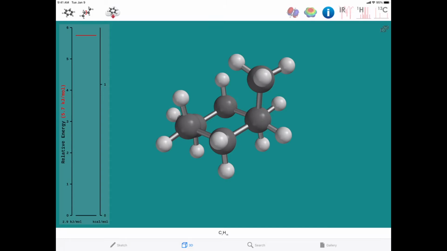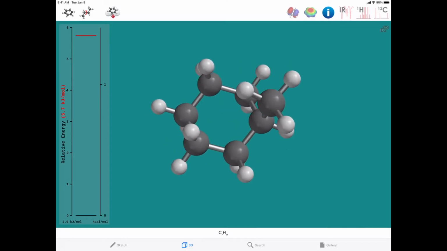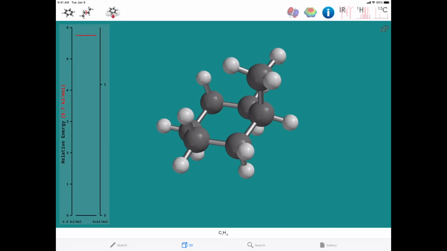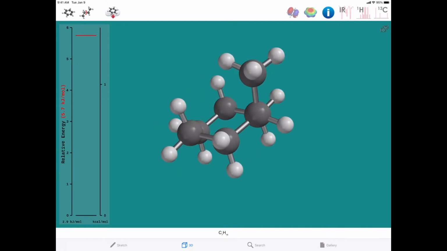Notice that it is gauche to the ring. Also notice that the methyl group, especially the proton from the methyl group, is pretty close to the other axial up protons. And that is one of the reasons why, if you look at that carbon, do you see how that methyl group is not perfectly vertical axial?